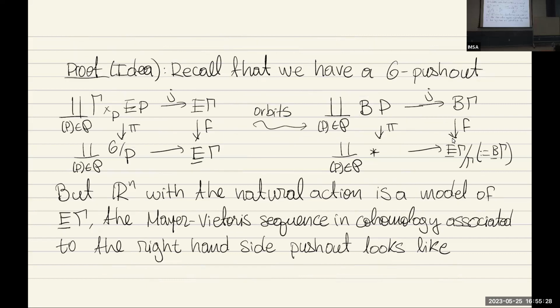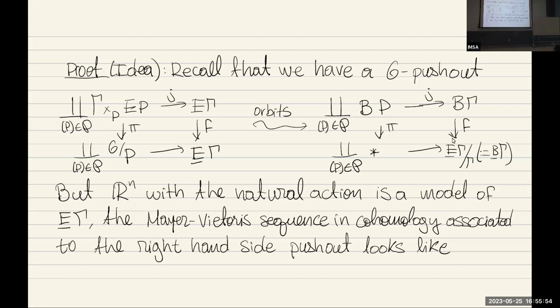The idea of the proof, just the idea, is that we have a pushout because the group satisfies the M and N property. You could take orbits of this pushout and get this pushout. The orbits here give a point. Here we have a P gamma, and here we have this quotient.